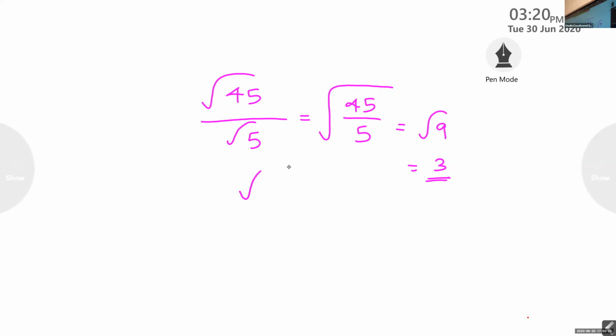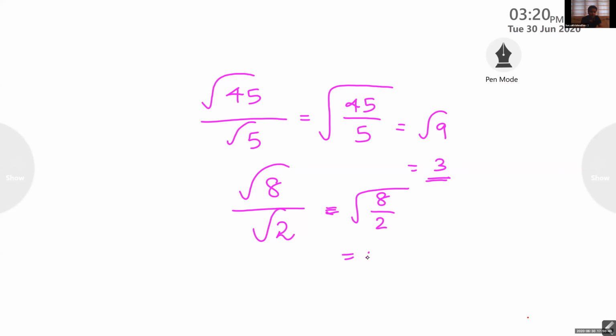Okay, good. Very easy question. Very easy numbers. So what is the answer? Root 8 by 2 equal to root 4, and the answer is 2. Good.